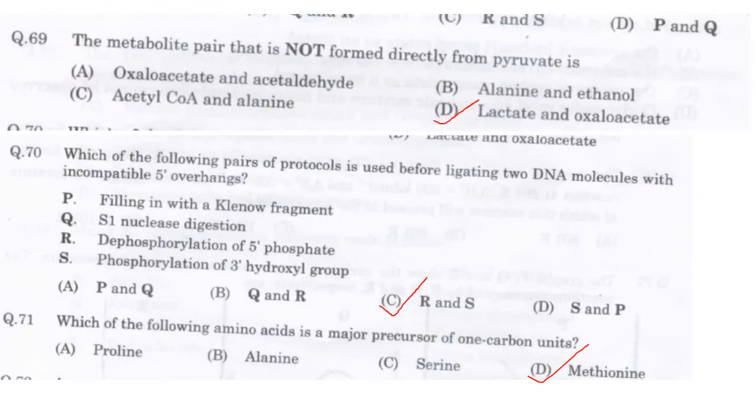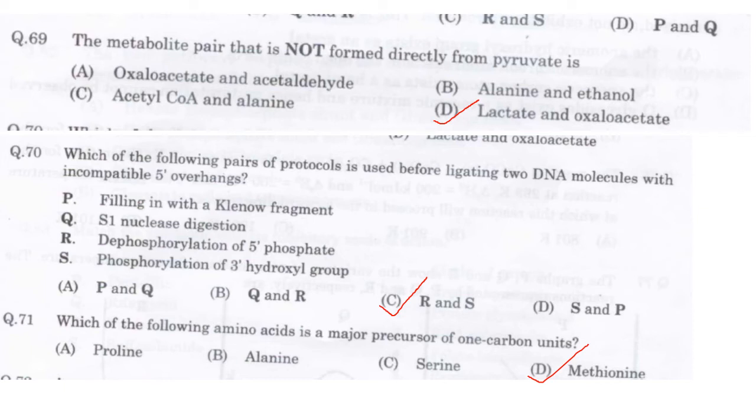Next one. The metabolite pair that is not formed directly from pyruvate is option A, oxaloacetate and acetaldehyde, B, alanine and ethanol, C, acetyl-CoA and alanine, D, lactate and oxaloacetate. Answer is option D, lactate and oxaloacetate. Next one.